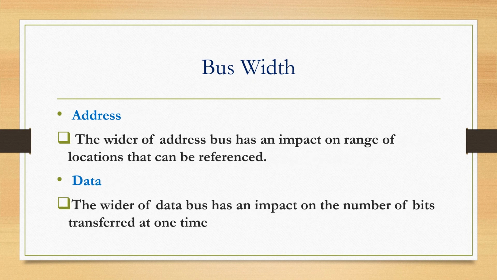The width of the bus is determined by the address and data. Address means a wider address bus has an impact on the range of locations that can be referenced. Data means the impact on the number of bits transferred at one time.